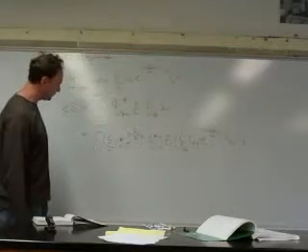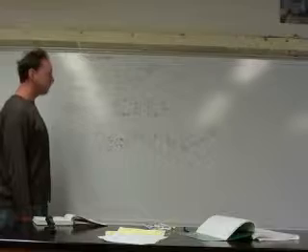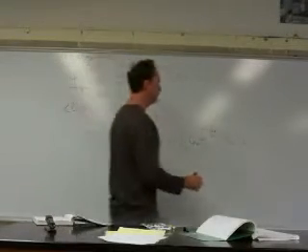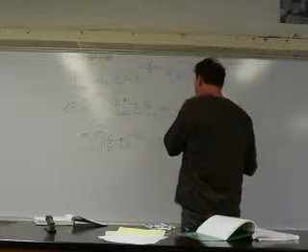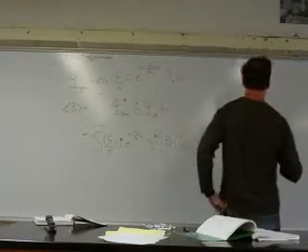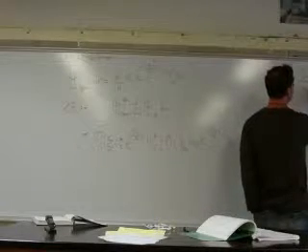And C_n and C_m are constants, so they would come out. Let me try to reduce this a little bit. I'm going to break this up into the integral of the summation of n equals m, so I'm just looking at the n equals m terms, and the delta function.